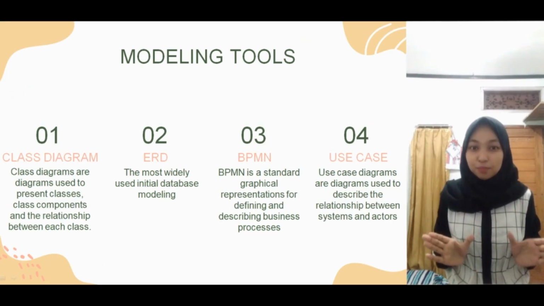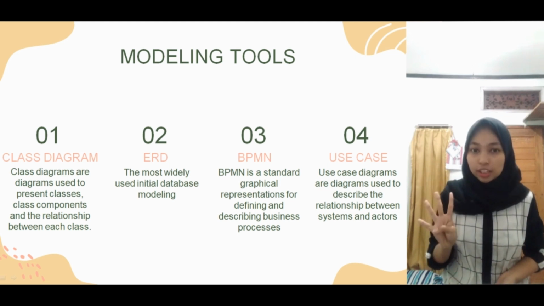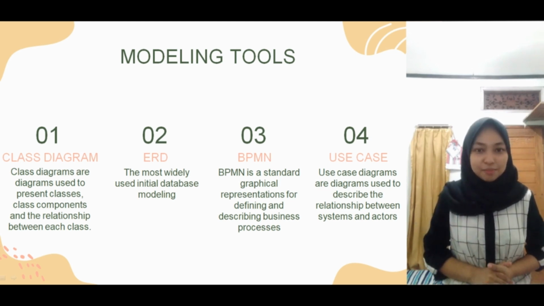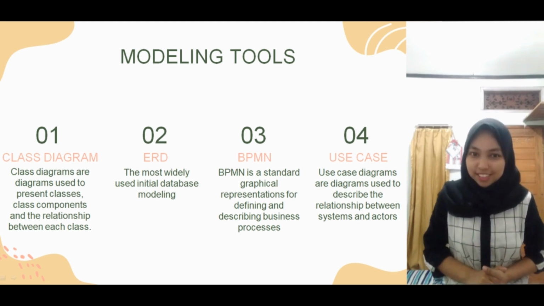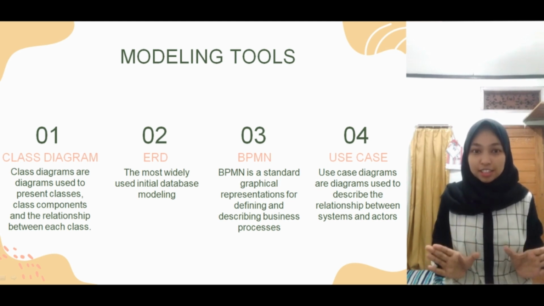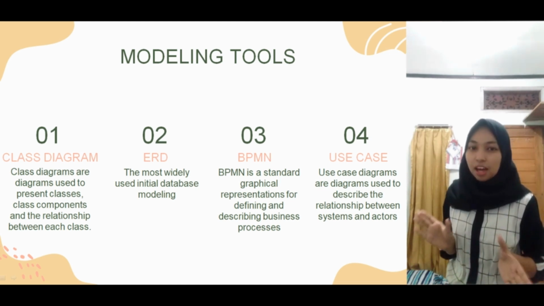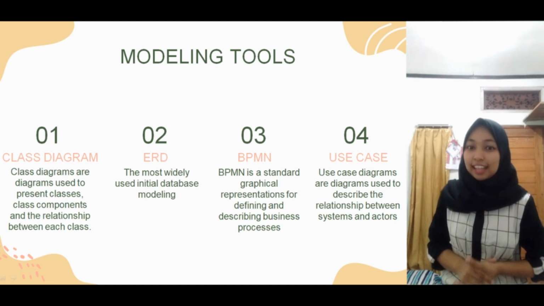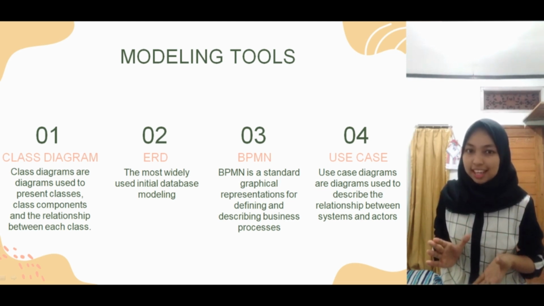After we know the method, we must check the modeling tools. We have 4 modeling tools: class diagram, ERD, BPMN, and use case. We start with the first, class diagram. Class diagrams are diagrams used to present class components and the relationships between each class.